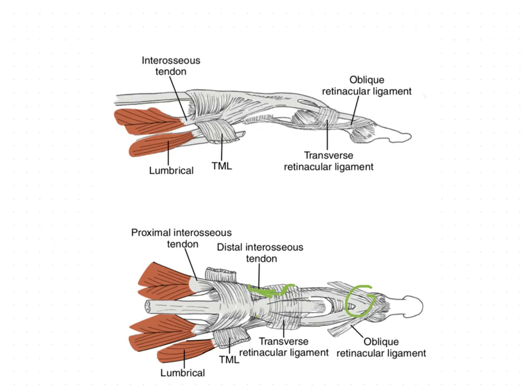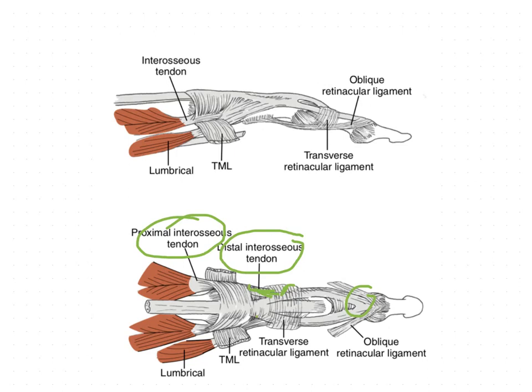So the deviation at the MCP joint is mainly done by the proximal interosseous tendon, but the extension is mainly done by the distal interosseous tendon. The distal interosseous also has a minor role in deviation, but a stronger role in IP extension than in MCP deviation.